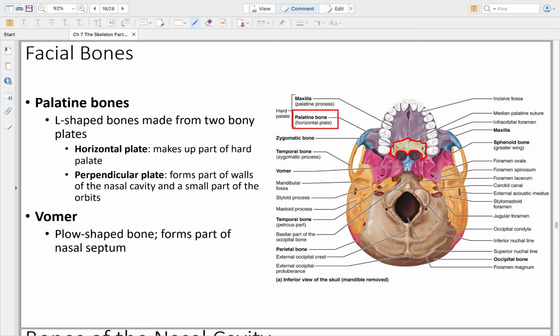And then, of course, the vomer bone is right underneath. It's a kind of funny star shape, in blue. Okay, that bone helps to form the nasal septum.